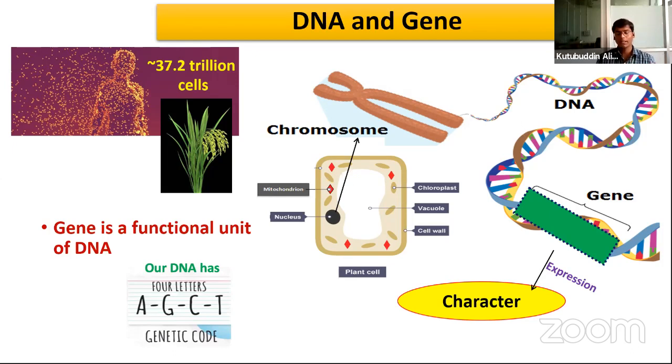Now what is in our DNA? The DNA is nothing but the sequence of 4 different kinds of nucleotides, commonly known as nucleotide bases. These are 4 letters: adenine, guanine, cytosine, and thymine. They make up our genetic code, and this genetic code governs almost everything in an organism.